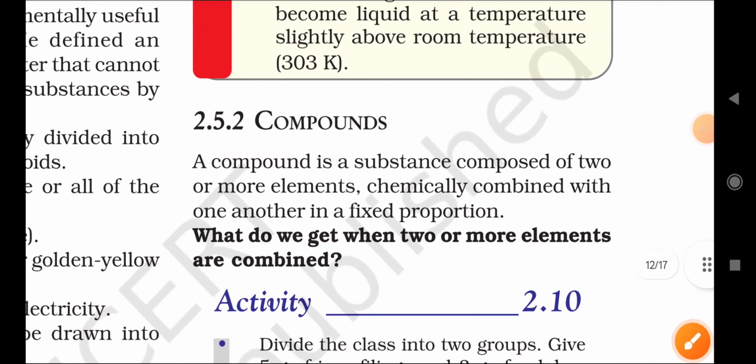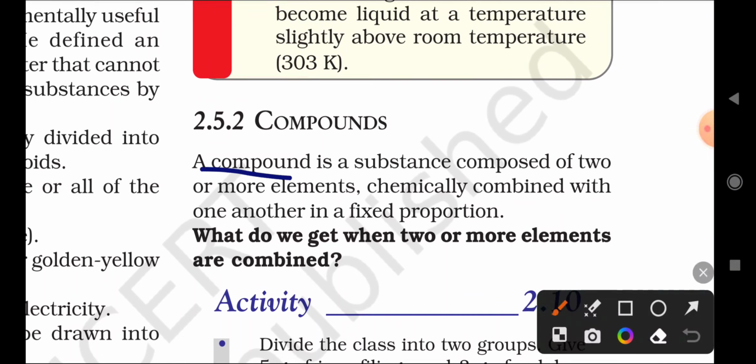Okay, so next, about compounds. A compound is a substance composed of two or more elements. What is a compound?